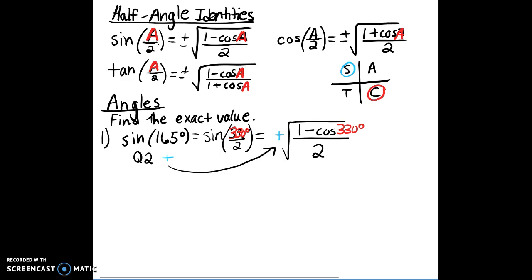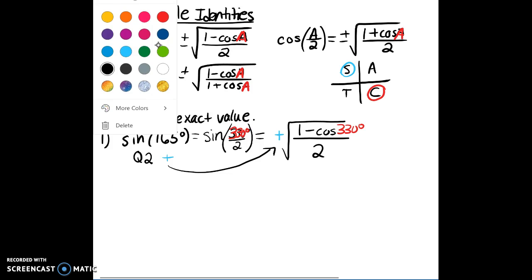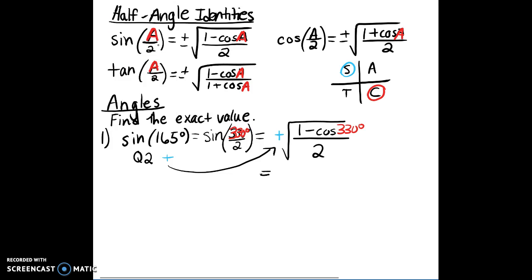Cosine is positive in quadrant 4, so that answer inside will be positive. And I'm just going to put parentheses around that because it's minus and then the positive value. And then we're going to put in root 3 over 2. It's a 30-degree reference angle.